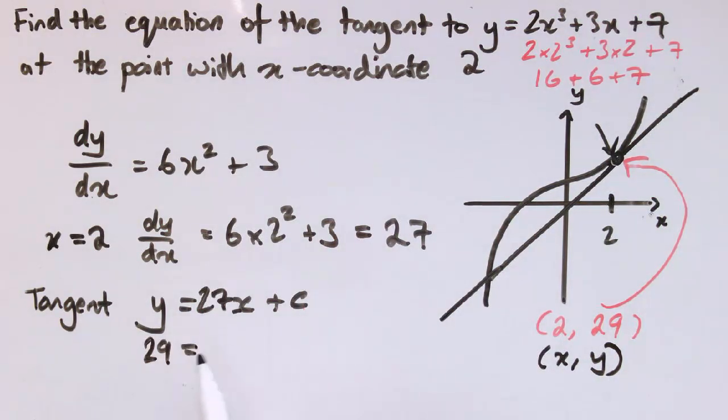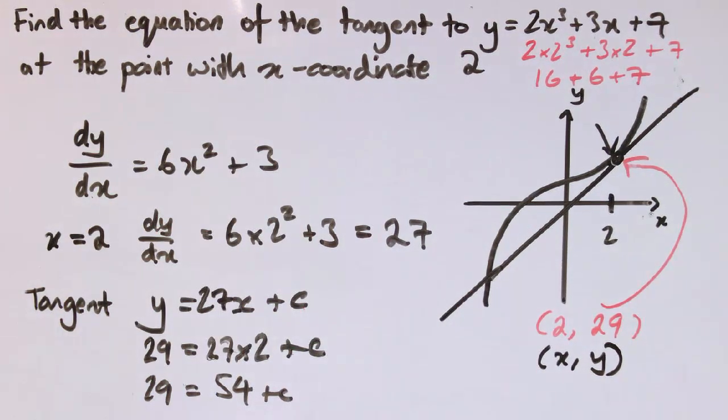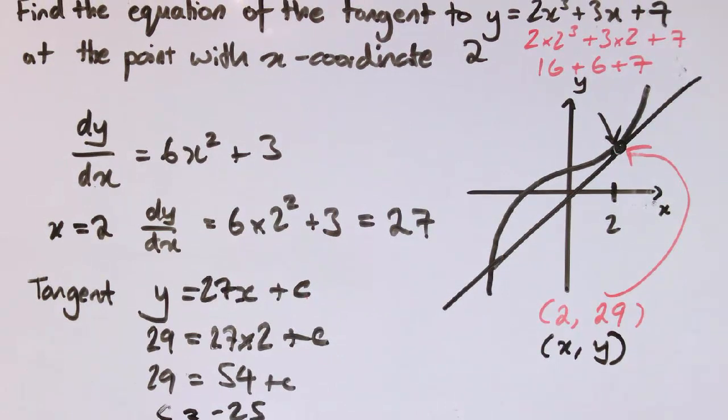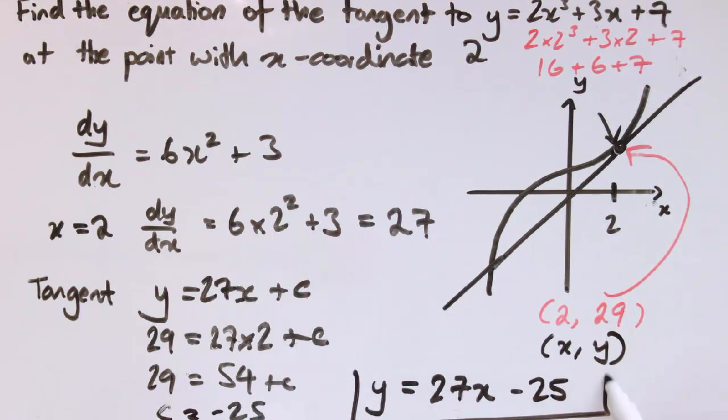We get 29 equals 27 times 2 plus c, so that's 29 equals 54 plus c, so that means that c is 29 minus 54, so c is minus 25. So we've got our final answer then, which is that the tangent has equation y equals 27x, and c is minus 25, so it's y equals 27x minus 25, and we're done.